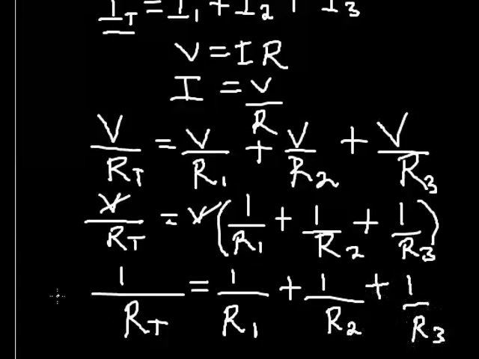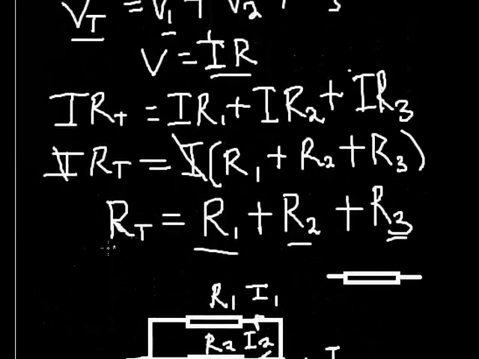Please take note of this. For parallel connection, the reciprocal of the total resistance, or the equivalent resistance, is equal to the sum of the reciprocals of the individual resistances. It's always in reciprocal, but for series, it's just a sum. We did this when we did capacitors.